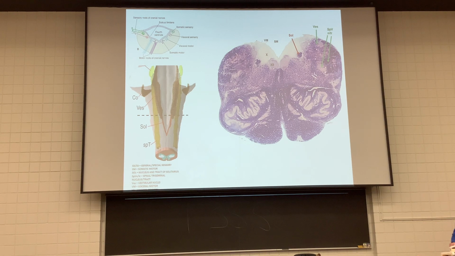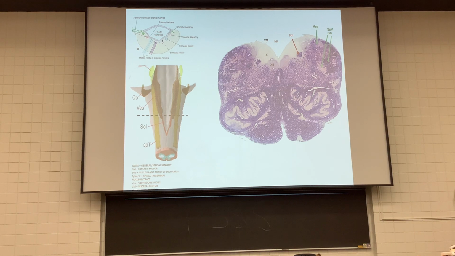And in particular, these axons are carrying pain information from the face. So within the ganglion, there's a population of cells that are interested in pain. They come in and they descend.